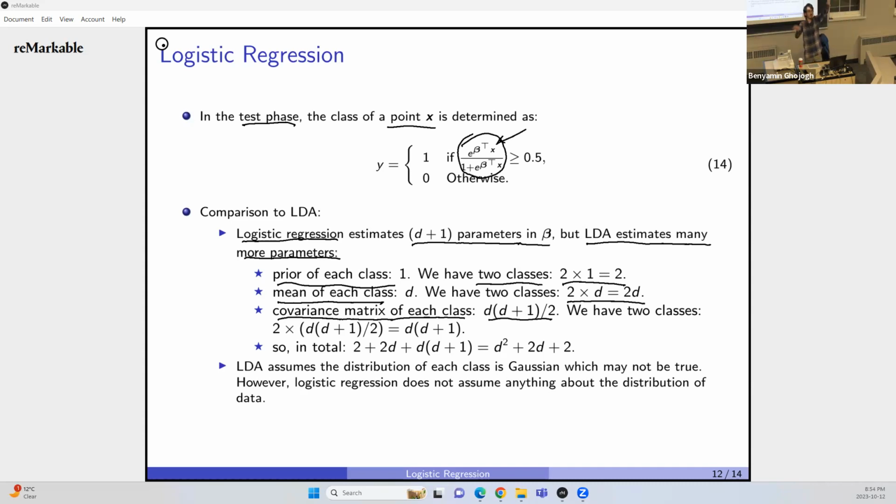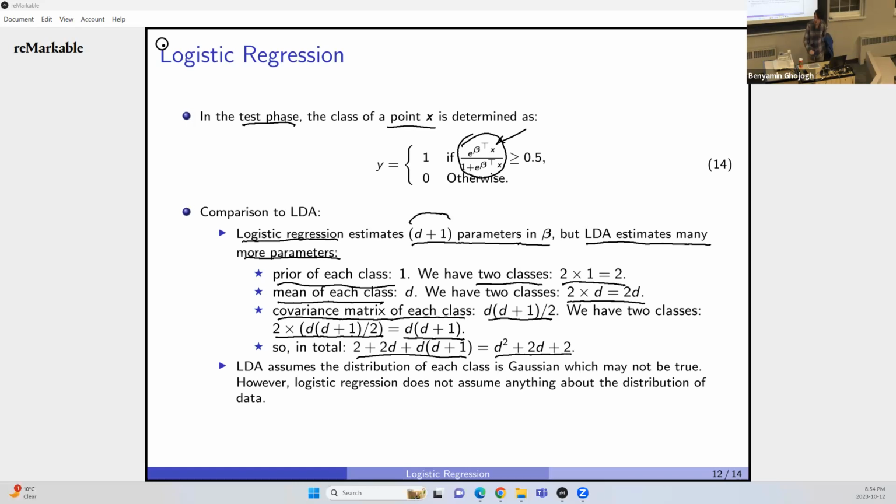So only half of the matrix, the lower triangular or upper triangular part, is enough, right? The elements. And we have 2 classes. So in other words, I have d times d plus 1 parameters for the covariance matrices. If you sum them up, it becomes d squared plus 2d plus 2 parameters to learn.